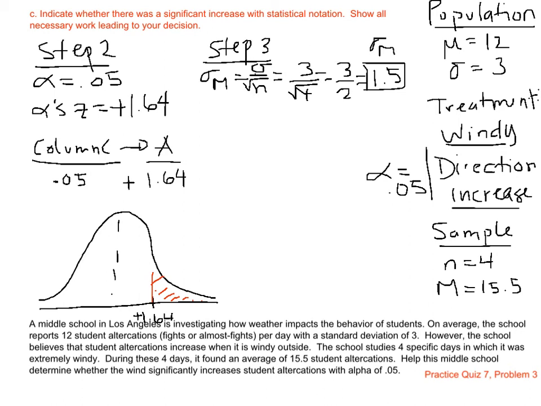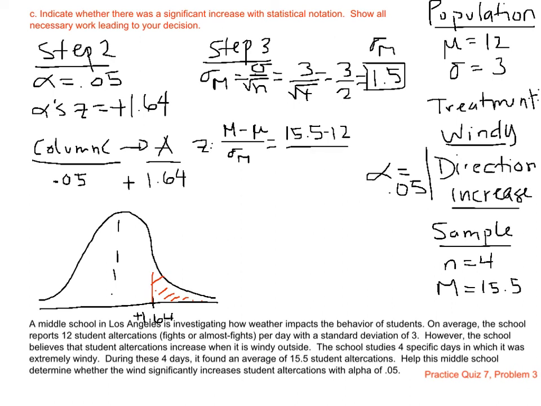I'm now going to calculate my sample z-score. And my equation for that is M minus mu over standard error. My M is 15.5. My mu is 12.